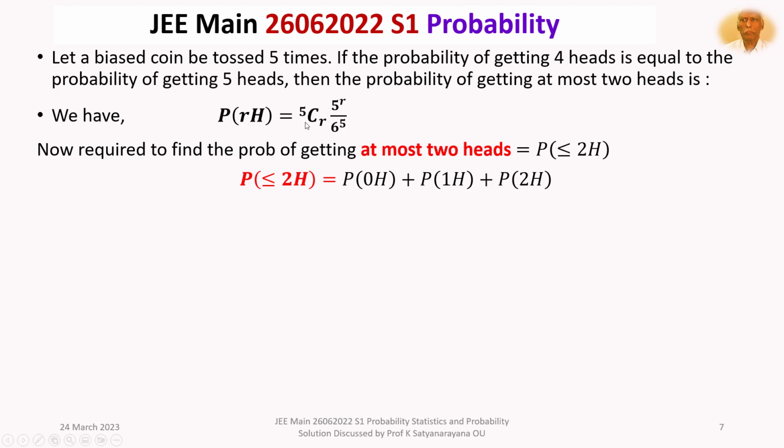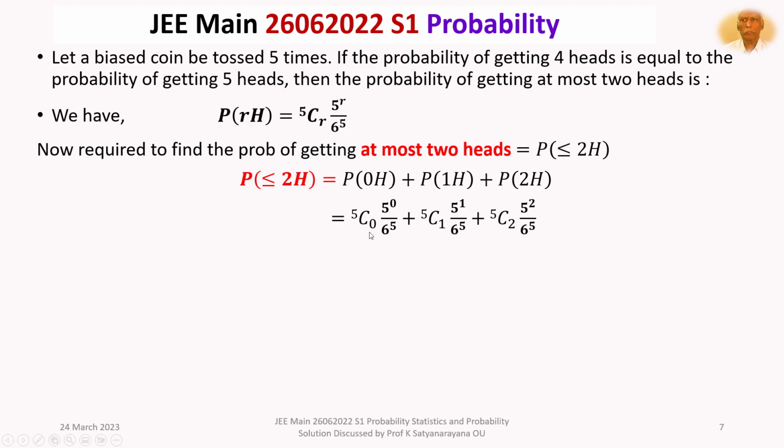So now use the formula. For r equal to 0, r equal to 1, and r equal to 2, you substitute. For r equal to 0, 5C0 into 5 power 0 by 6 power 5, plus for r equal to 1, 5C1 into 5 power 1 by 6 power 5, plus for r equal to 2, 5C2 into 5 square by 6 to the power of 5.